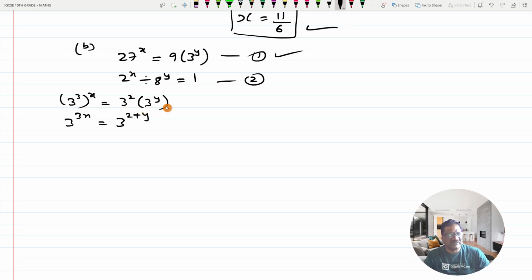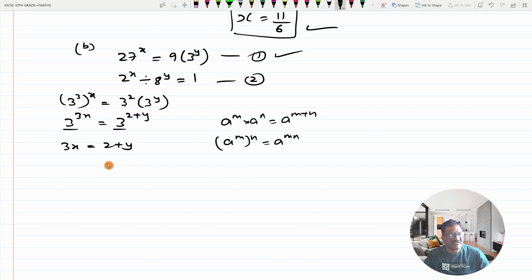Now here I am using the rule a raised to m into a raised to n is equal to a raised to m plus n. This is what I have used for the right hand side, and on the left hand side I have used this rule, a raised to m whole raised to n is equal to a raised to mn. Got it? Now because the bases are same, I can equate the powers and write 3x equal to 2 plus y.